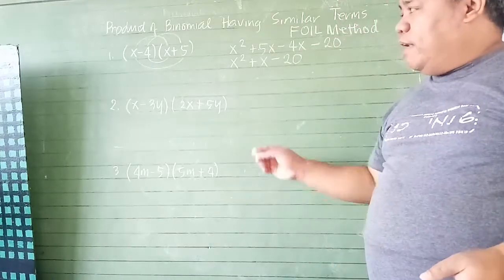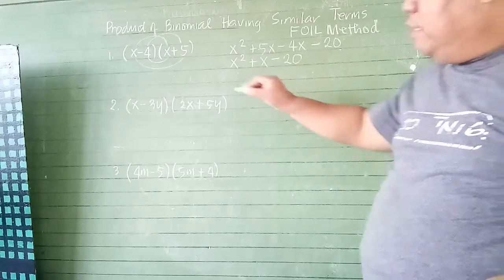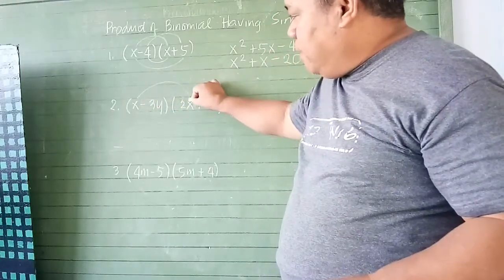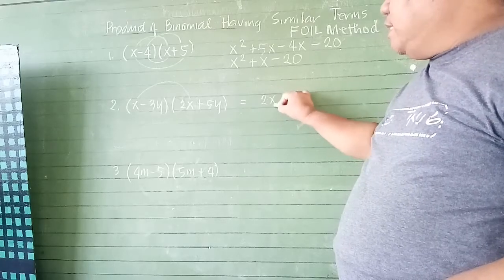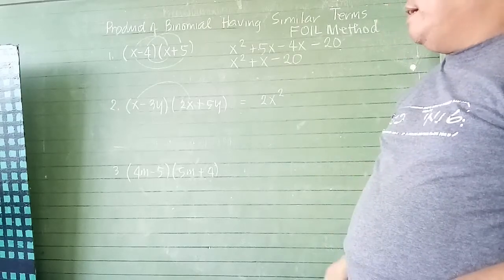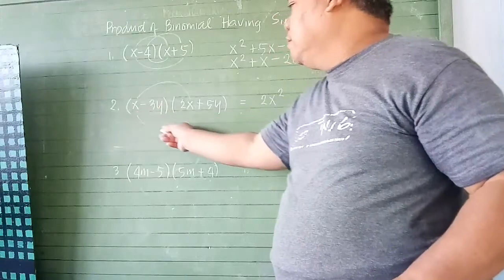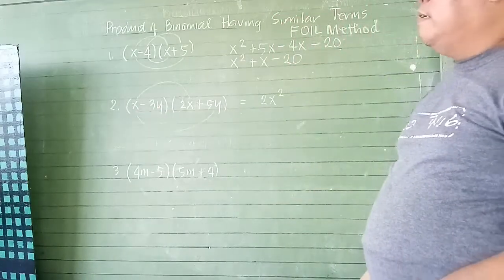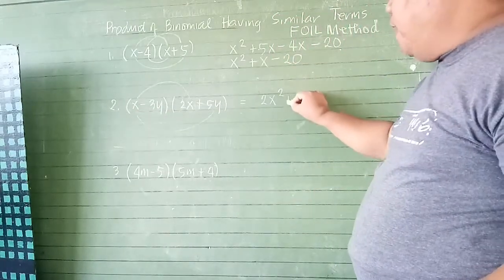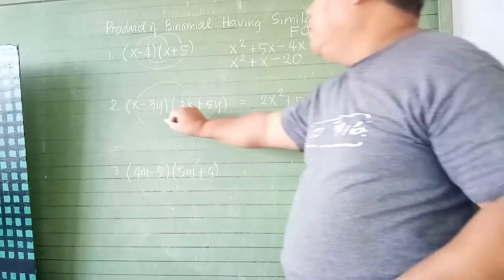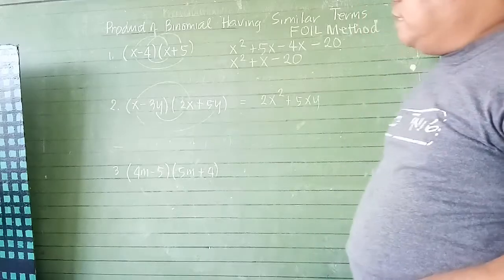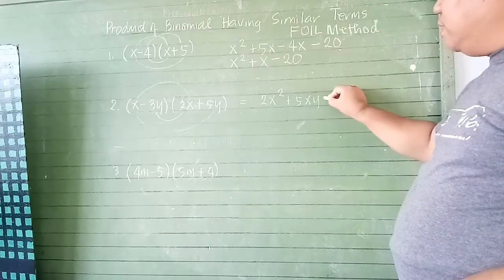Now what about this one? Again, use the FOIL method. First term, this one and this one. So we have that 2x squared. Okay? Then outer terms, that is plus 5xy. Then the inner terms, negative 3 times 2, that's minus 6xy.